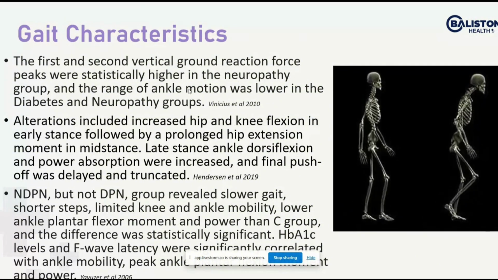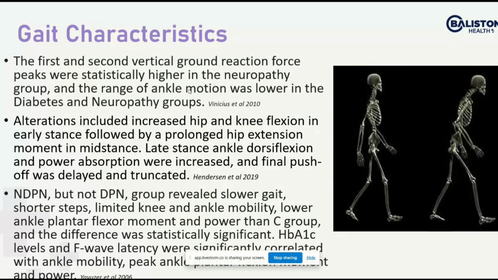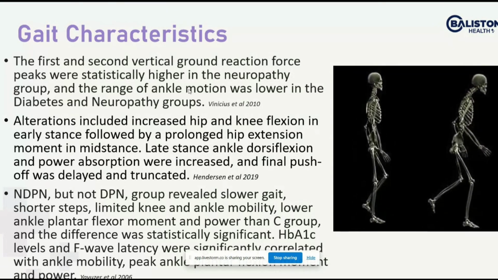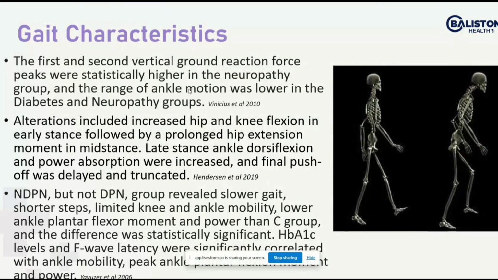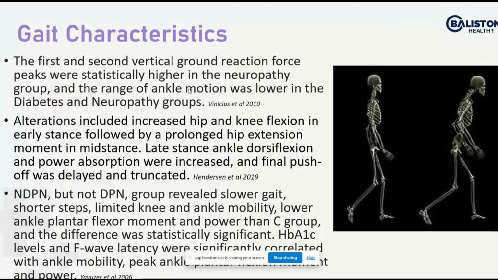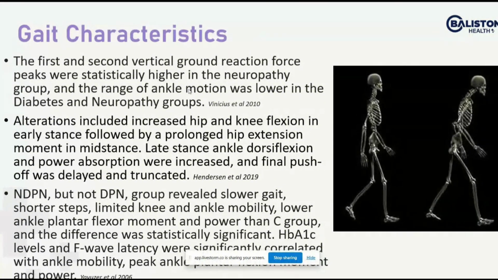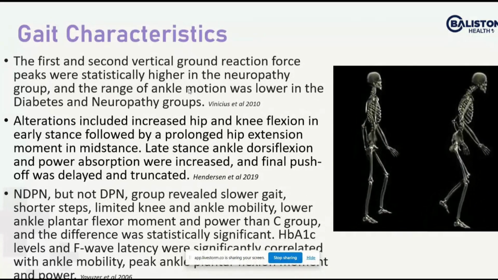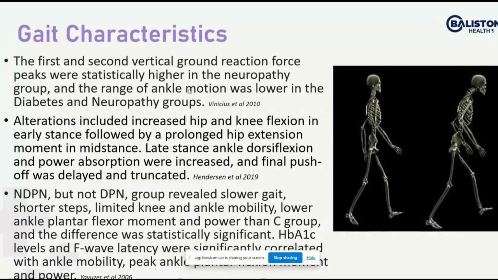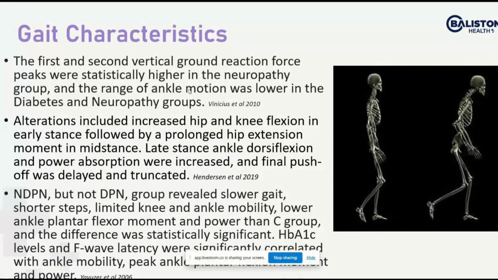And we used to sort of think about that as they weren't picking their feet up. Well, it's actually not just because they're taking shorter steps or shorter strides, which also we see. We also see slower speeds, and initially there's a potential higher cadence, and then that actually slows down.